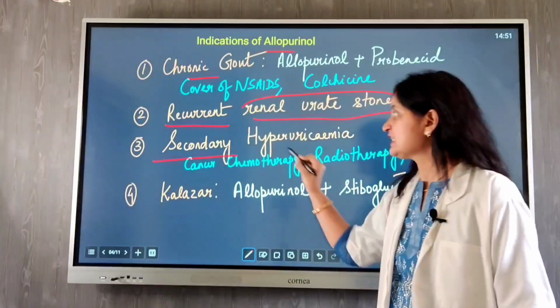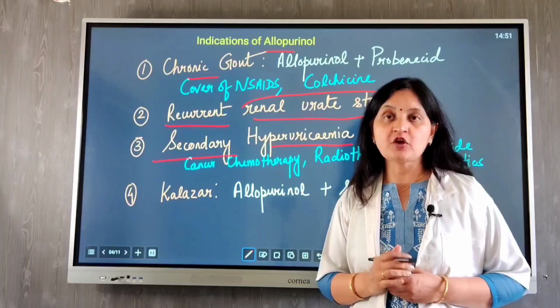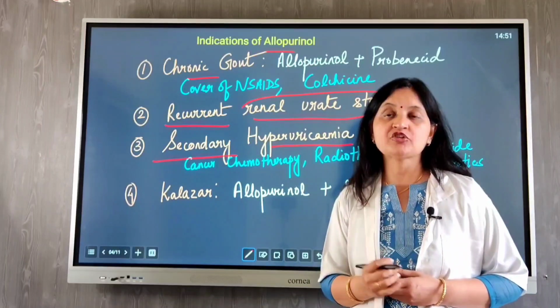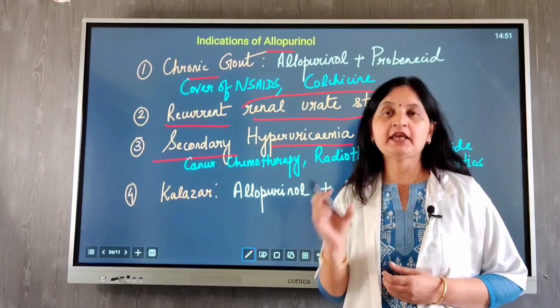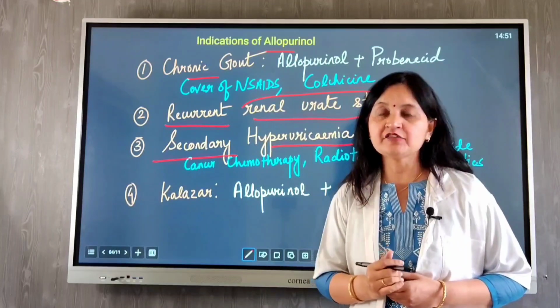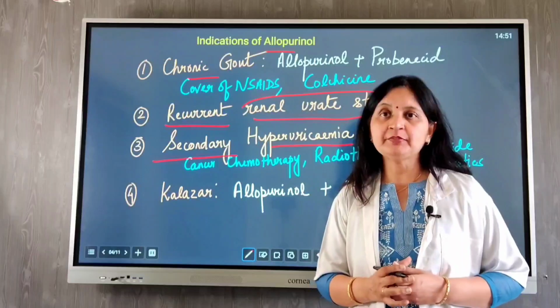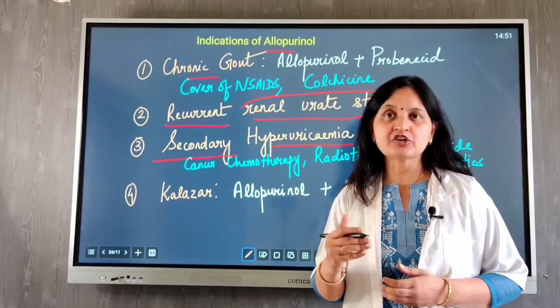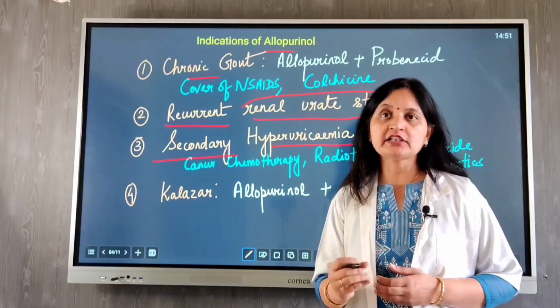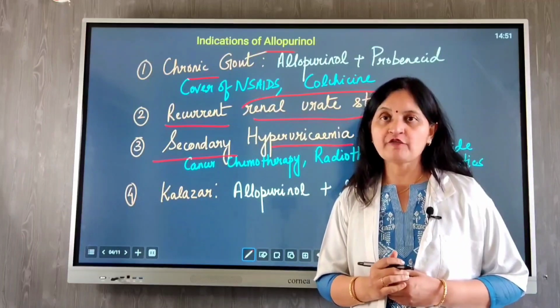Allopurinol can be used in secondary hyperuricemia. So there are certain conditions of secondary hyperuricemia such as cancer chemotherapy, radiotherapy, or treatment of myeloproliferative disorders or blood dyscrasias, where because of the treatment there is excessive cell destruction, releasing large quantities of purines into the blood, and this leads to the formation of uric acid.